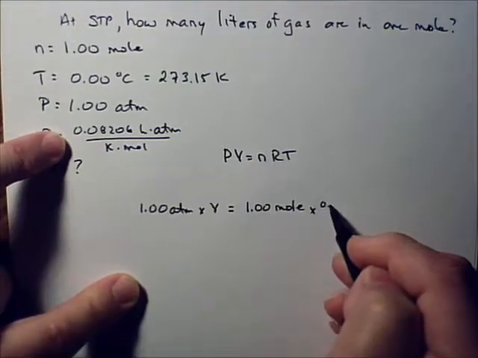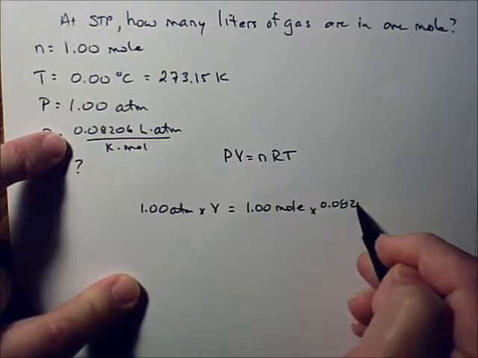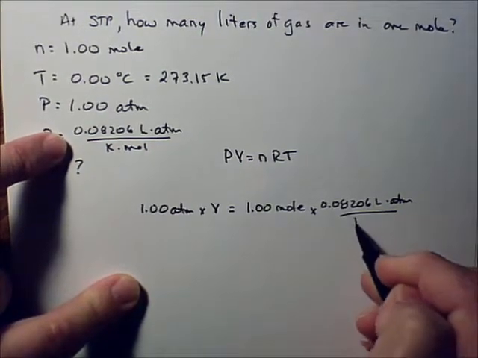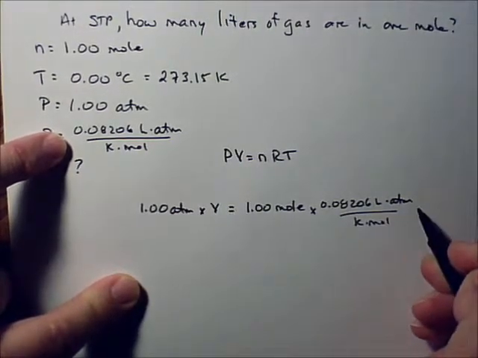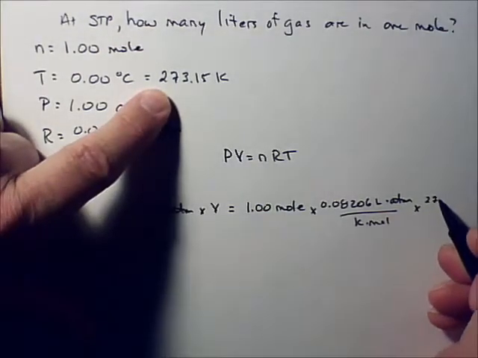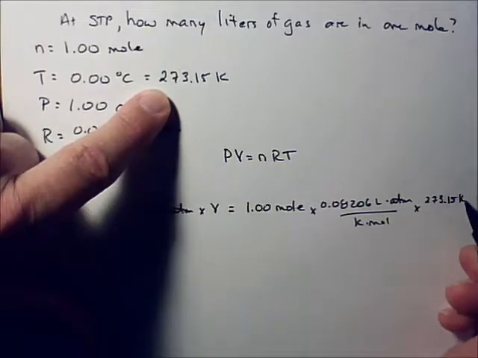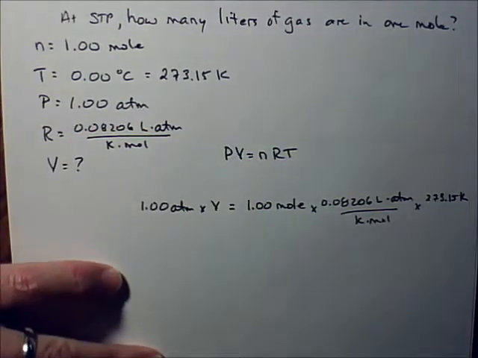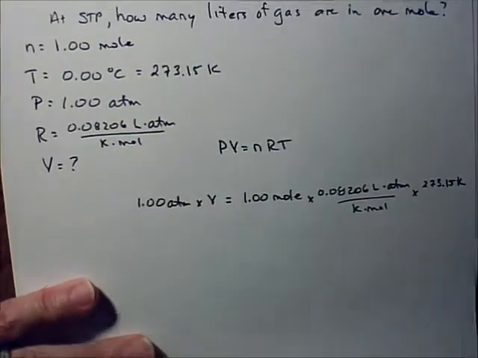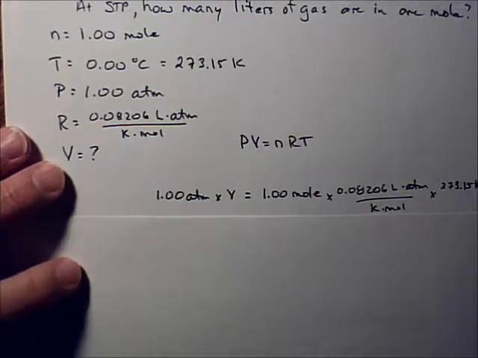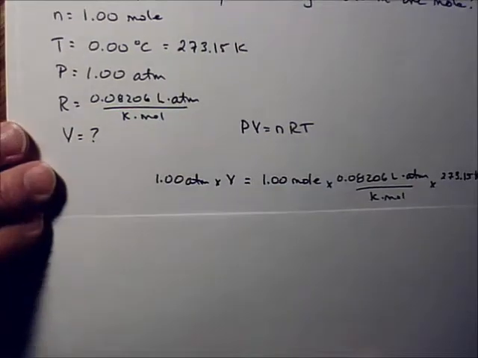R is 0.08206 liters times atmospheres over Kelvin times moles. And temperature is 273.15 K. I'm running out of paper, so I'm going to transfer this problem to a piece of paper I'm turning sideways, so I can get all my isolation steps done.